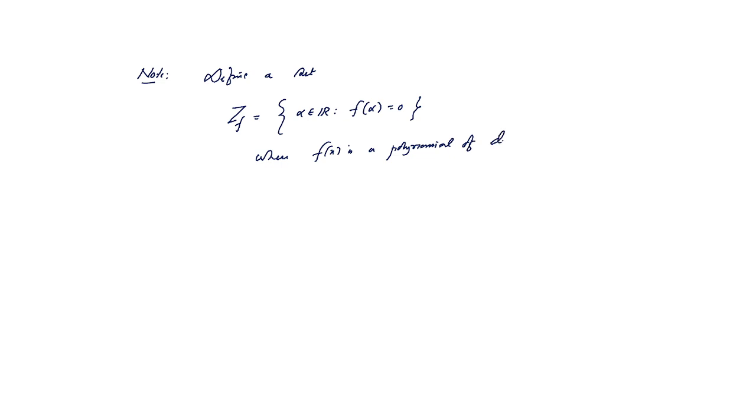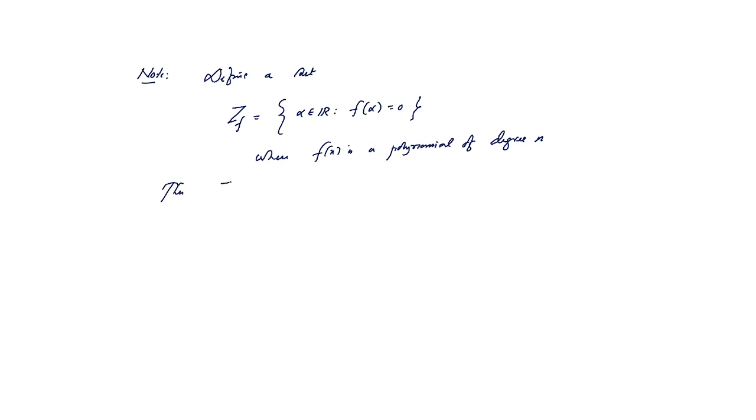Note, to define a set Z_f: Z_f means all those alpha belonging to the real numbers such that f(alpha) equals 0, where f(x) is a polynomial of degree n.